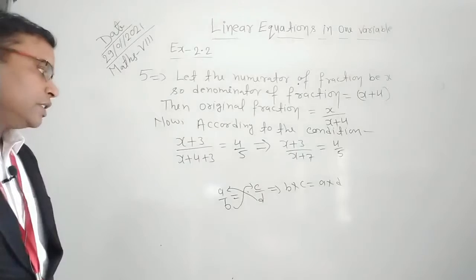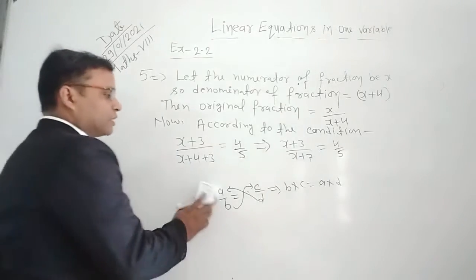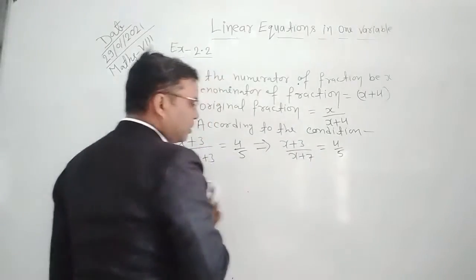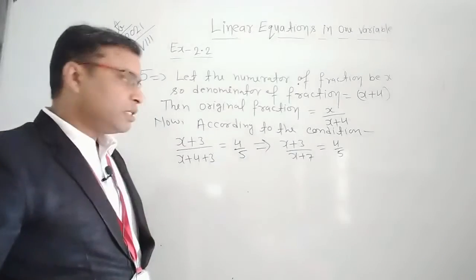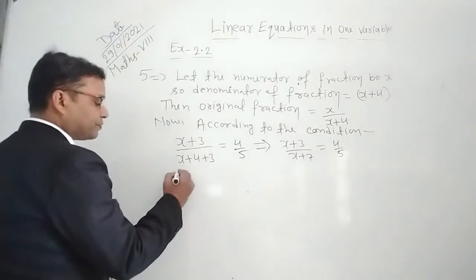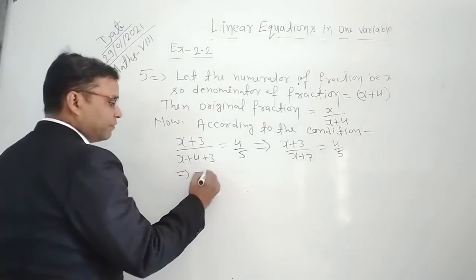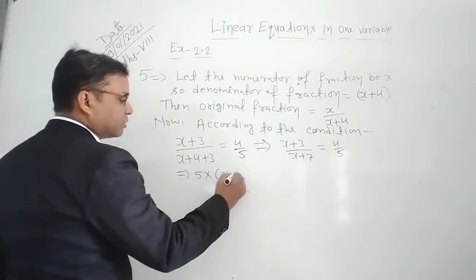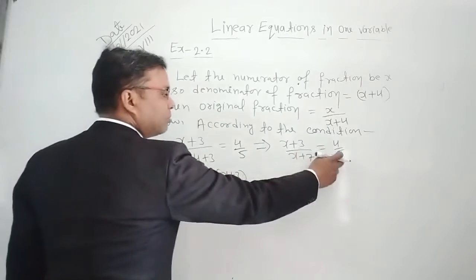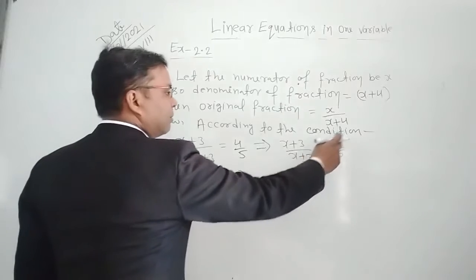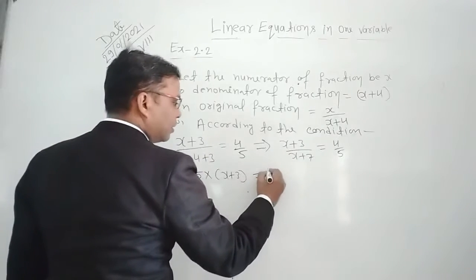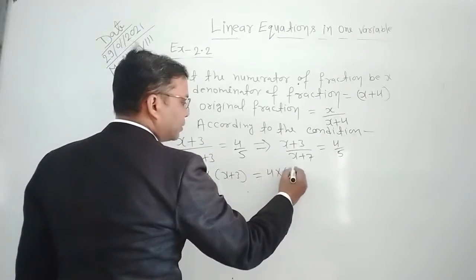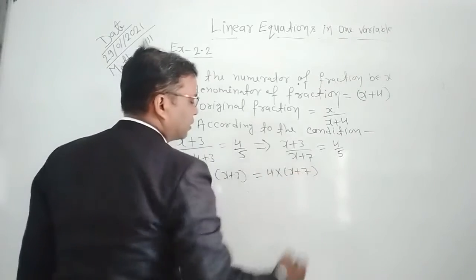So this is called the cross multiplication method. Now here we use the cross multiplication method, then we get 5 into x plus 3, this multiplied by this and this multiplied by this, is equal to 4 into x plus 7.